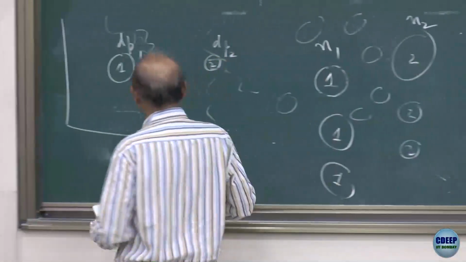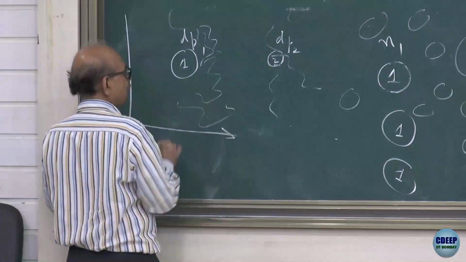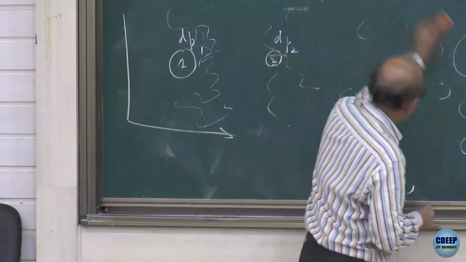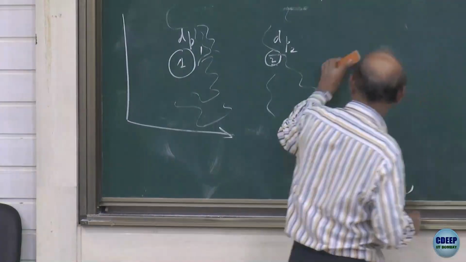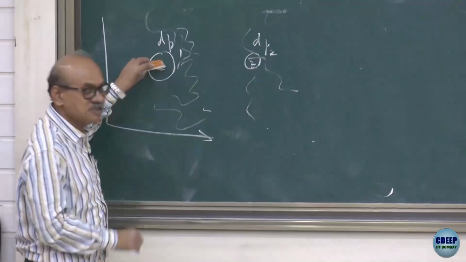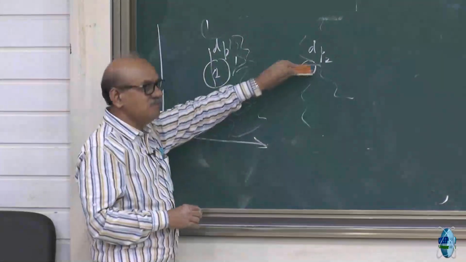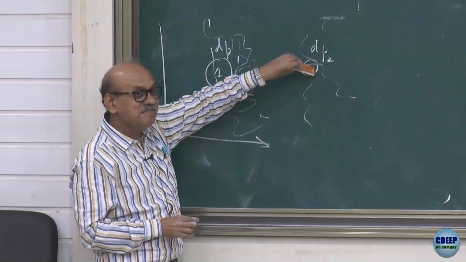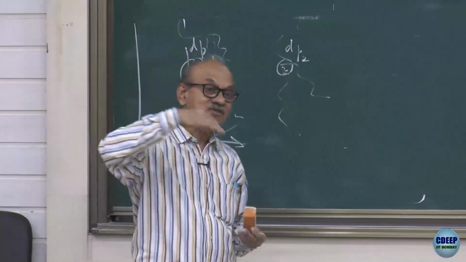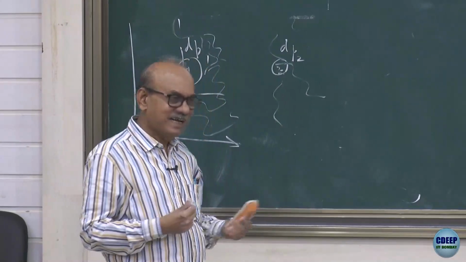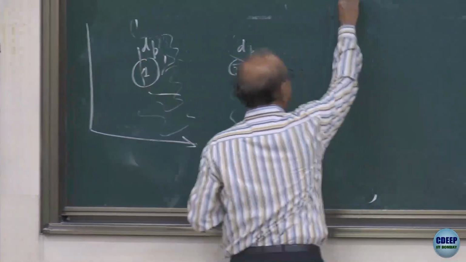So, let us now ask the question: supposing I sit on one of these particles, I shift my frame here and observe the motion of the other particle, would it be different? Will its diffusion coefficient look different? Let us see how that happens.